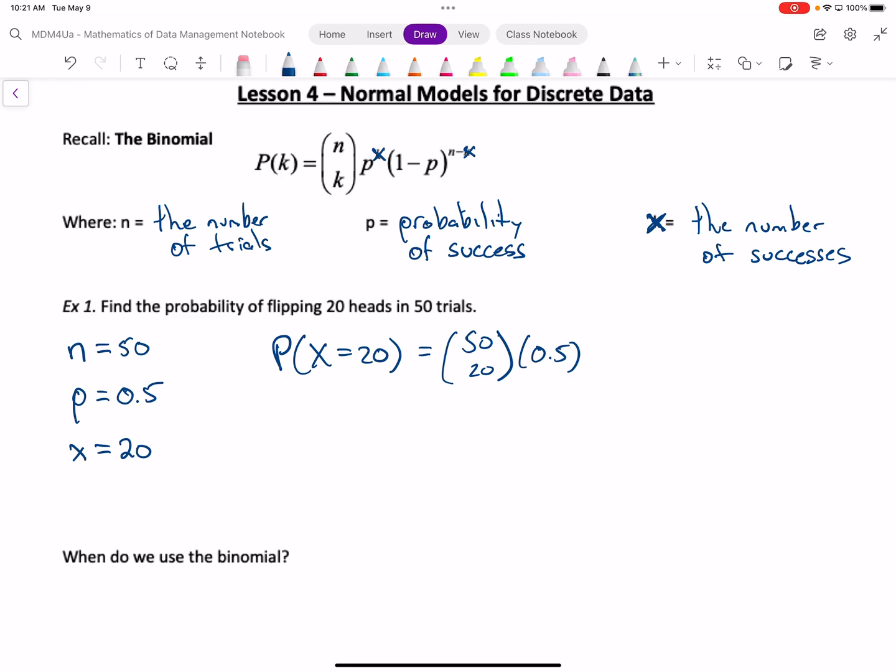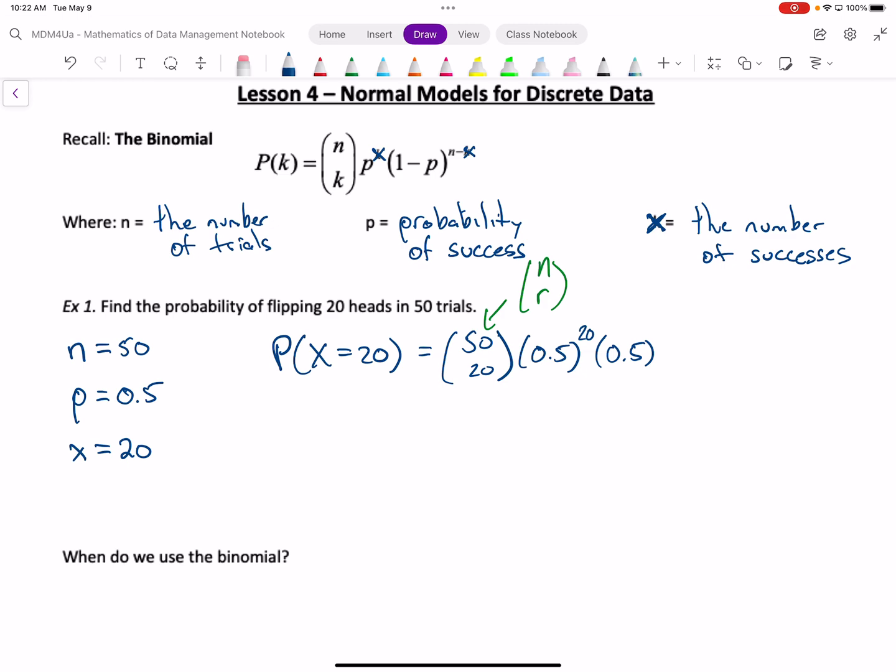So you would have 50 choose 20. Remember, this is n choose r, with choosing, not permutations, but combinations. Then you would have 0.5 to the number of successes, so 20 heads. And then tails is just 1 minus the probability of success, so 1 minus 0.5.